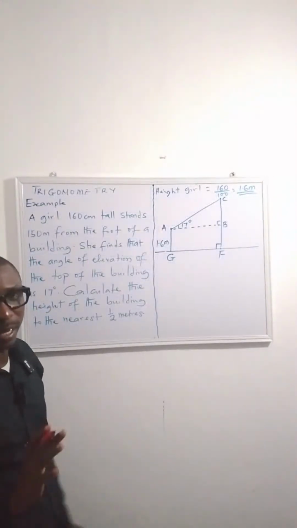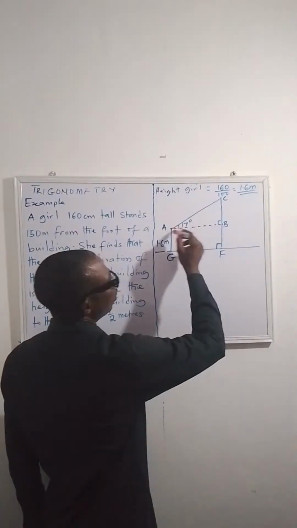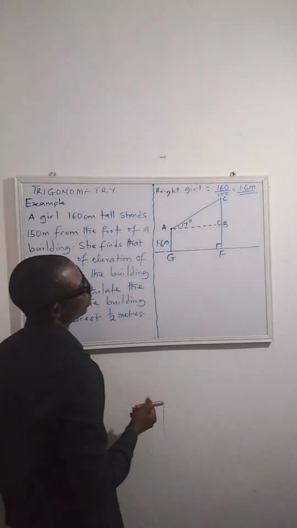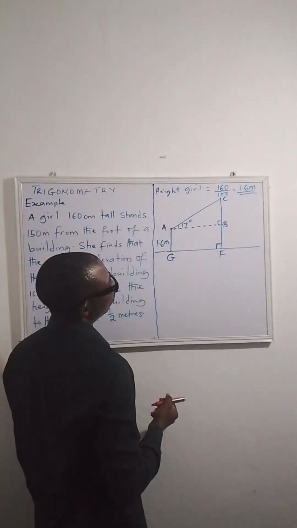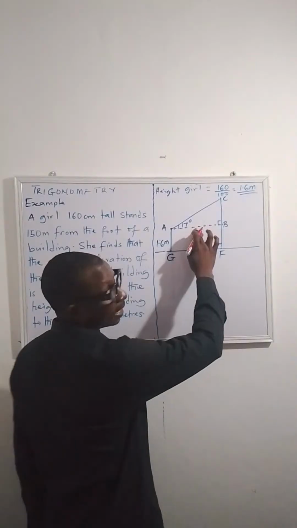Okay, so here you consider this triangle ABC. Look at this triangle ABC. Now, this side is equal to this side.